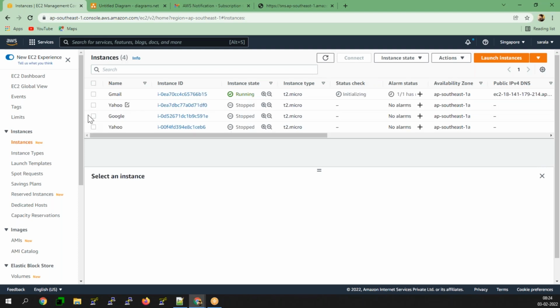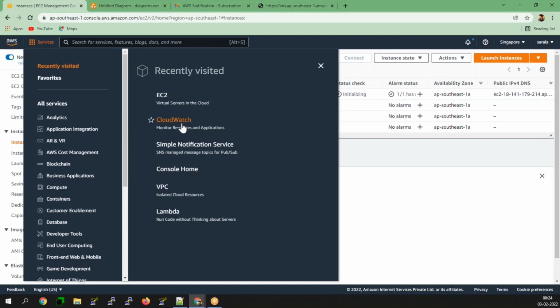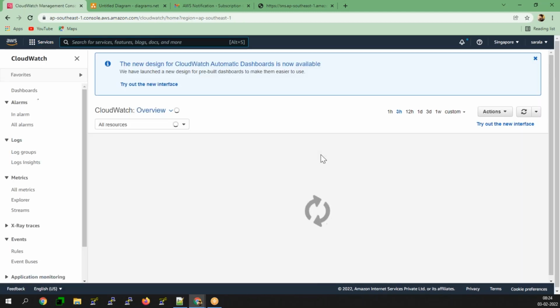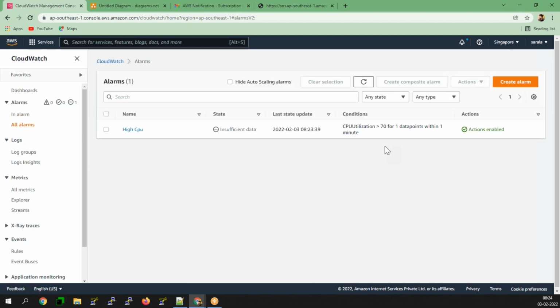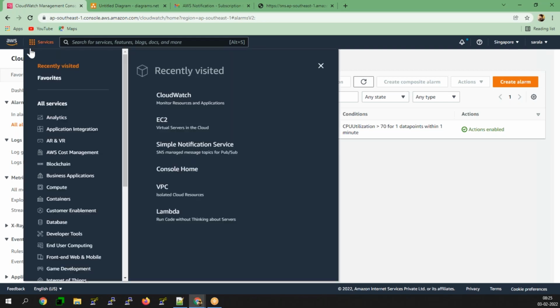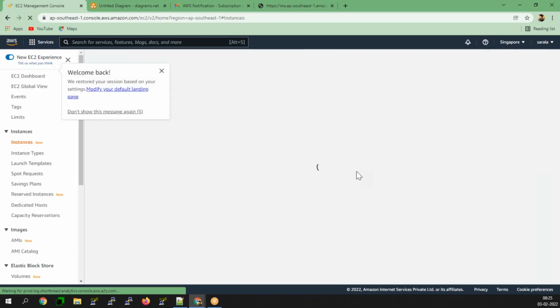So now the instance has started. You can go to CloudWatch. It will show insufficient data, but soon the state will get updated and the actions will be enabled. Now we log into the EC2 instances.